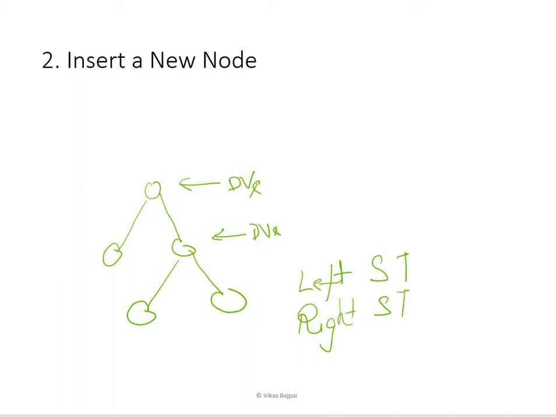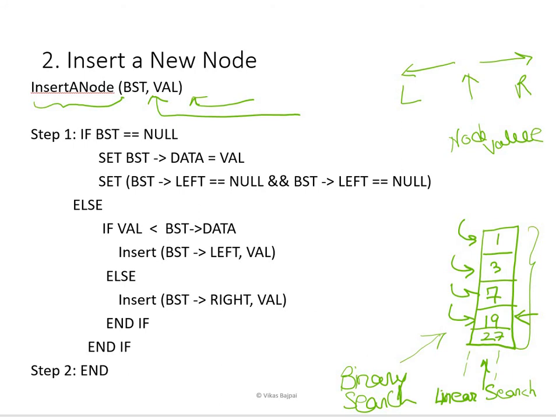What this algorithm tells us is to follow the same funda, move towards the left subtree or right subtree based on the current node value, and it is almost similar to binary search.